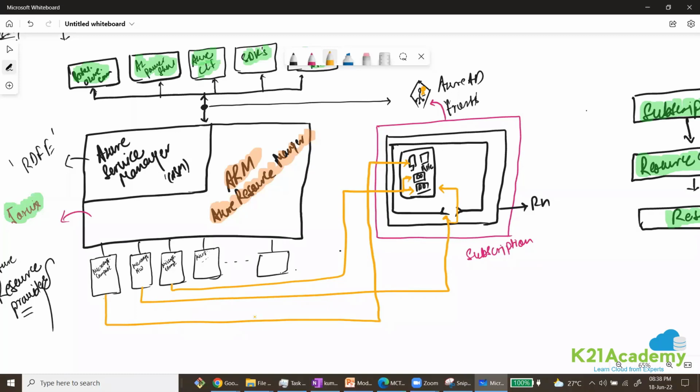So this resource manager will talk to whatever resource providers have to be used in order to deploy whatever requirement you have asked the resource manager to create on your Azure subscription inside any specific resource group.